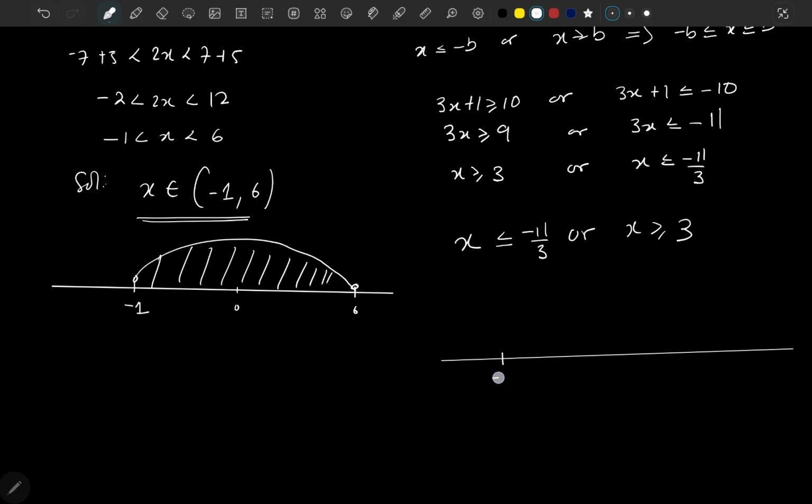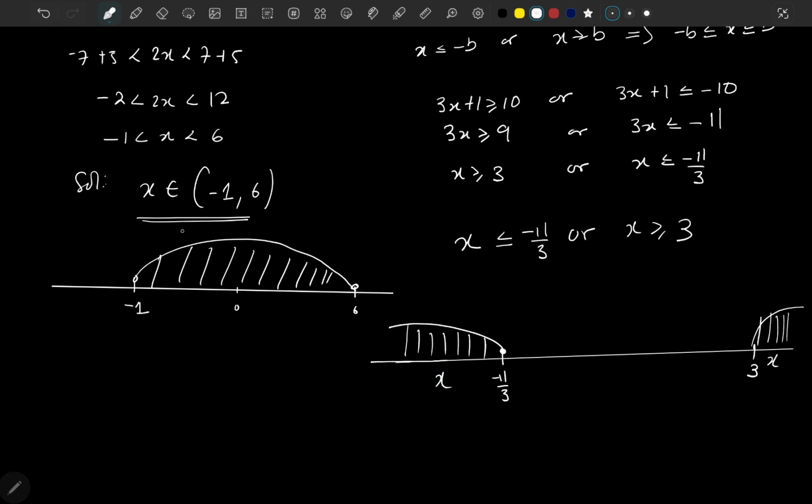If you show this on the number line, you have negative 11 over 3. You shade because all the numbers there are included. The numbers less than negative 11 over 3 are on this side, and the numbers greater than 3 are on this other side. That's where your x is, not in the middle.